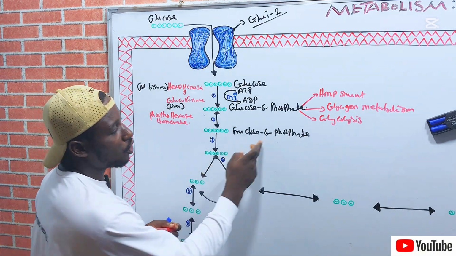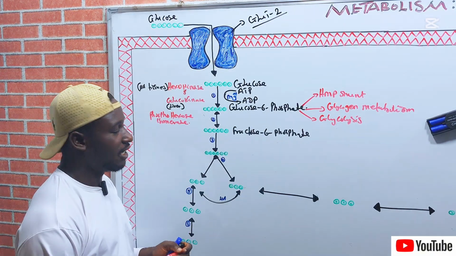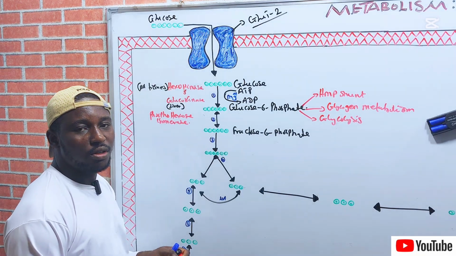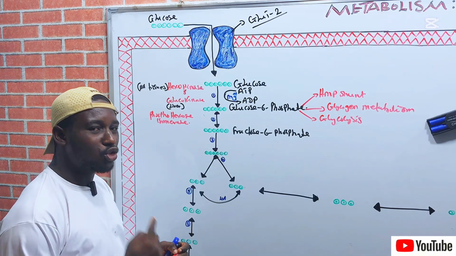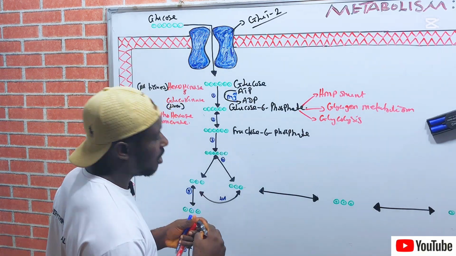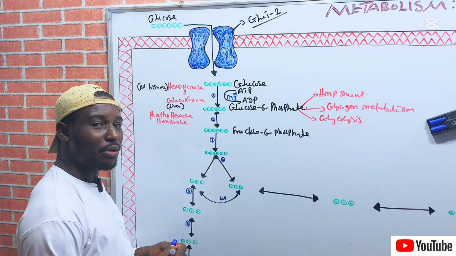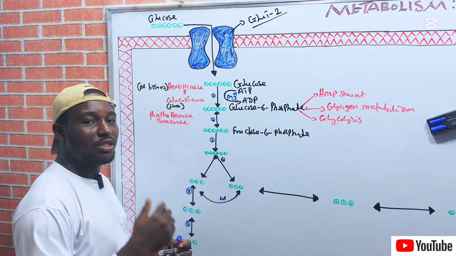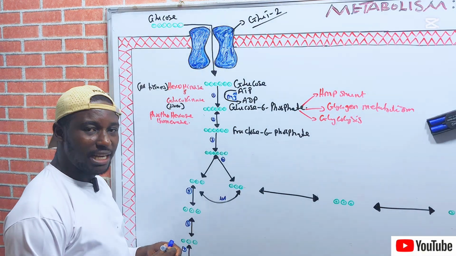Now, fructose phosphate will be phosphorylated to form fructose 1,6-bisphosphate. Fructose 1,6-bisphosphate will be formed by the phosphorylation of fructose phosphate by the enzyme called phosphofructokinase enzyme.